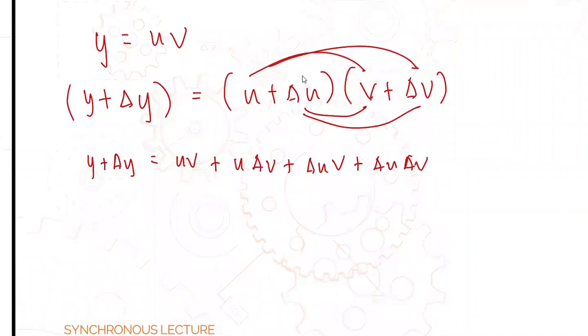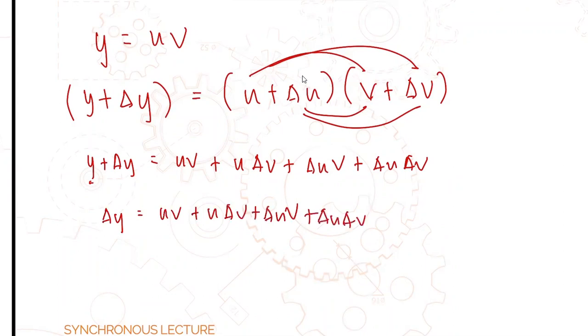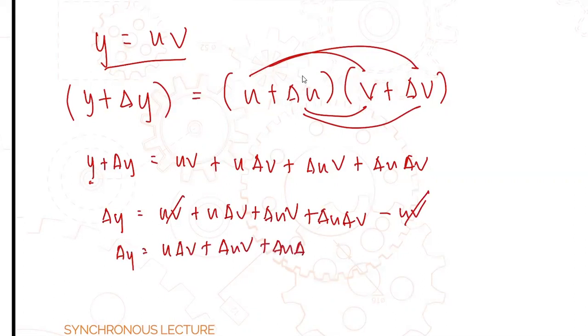Okay? And then, we simplify. So, transpose natin si y sa kabila. Then, kunin natin yung value. So, uv plus u delta v plus delta u v plus delta u delta v. Yung y is equal sa uv, so minus uv. So, cancel natin yung uv. Ang titira is delta y is equals to u delta v plus delta u v plus delta u delta v.